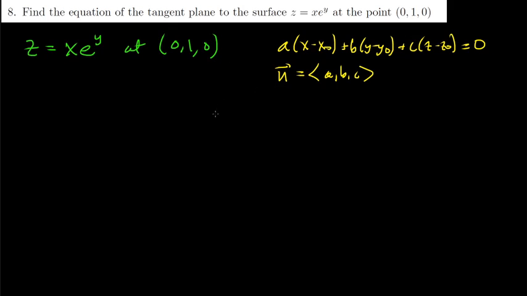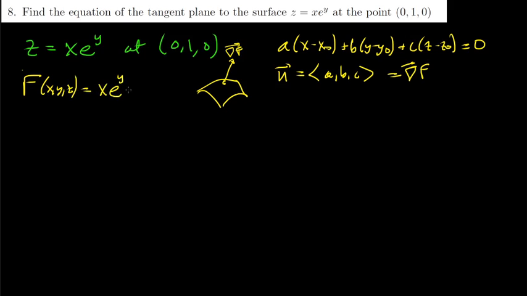So for a tangent plane, if this is the surface, remember we're going to use the gradient vector as our normal vector. So we need to find the gradient of f. So what is f? Here's where you have to be careful. F is a function of 3 variables, so it's going to be a level surface. I'm going to subtract z from both sides.